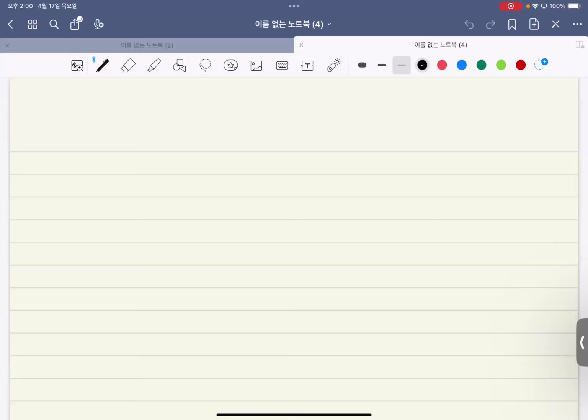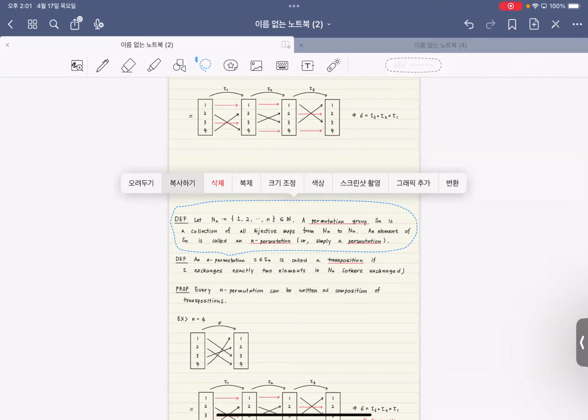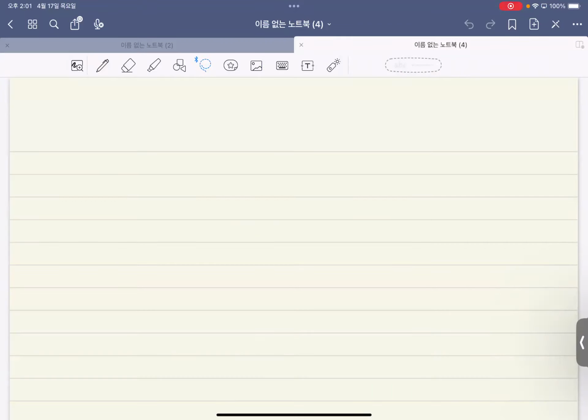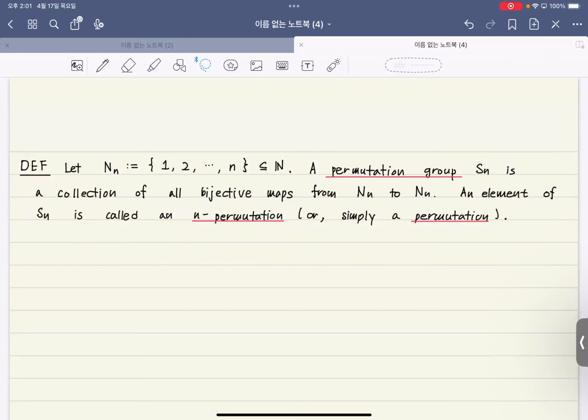To do that, today we will be working on a little bit of group theory, not terribly complicated, but which is considered very essential, especially when we are working with the determinant.